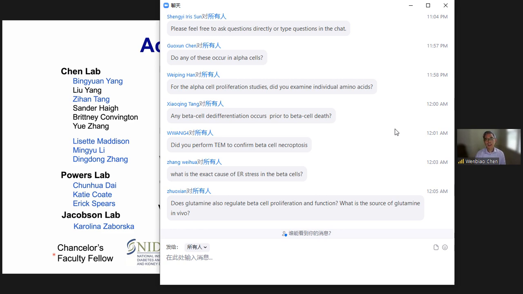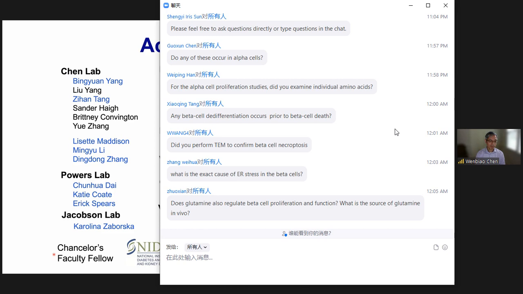It's most likely either more ER stress or more oxidative stress, but we do not have definitive data yet to address the question. That's one of our ongoing struggles.